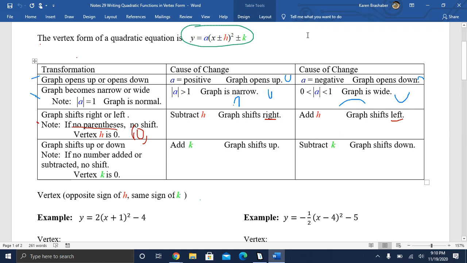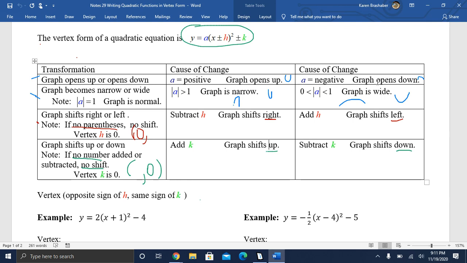And if you have a k that's subtracted, then the graph will shift down. And if there's no number added or subtracted after your x squared or after your parentheses squared, then there's no shift. So no number added at the end, no shift. And that means that no matter what's going on with the x part of the vertex, your y part would be 0.